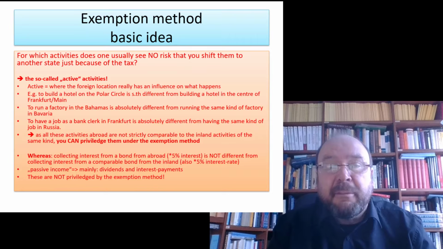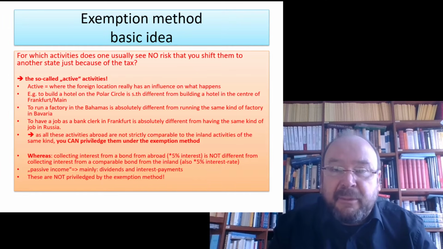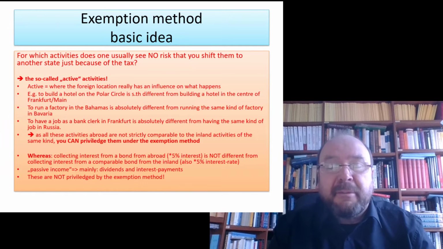So here, the complete bundle of circumstances which is offered at that location is still more attractive in spite of the tax rate difference than what the Bahamas can offer.